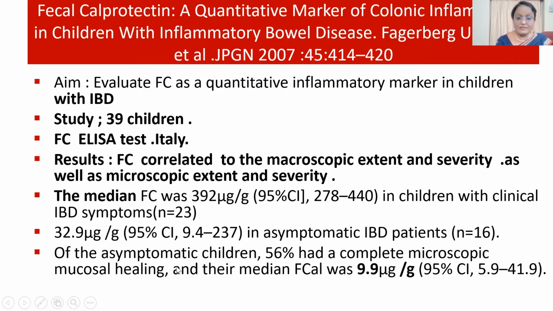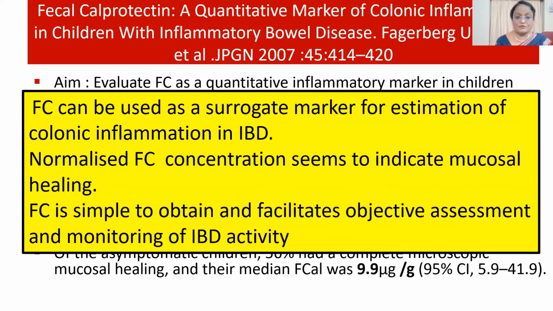But of the asymptomatic children, when they had complete microscopic remission, as seen in 56%, the median FC was 9.9 microgram per gram, showing that the higher they are, it may indicate symptomatic IBD, and when they are in remission, the FC falls. So what was the conclusion of this study?